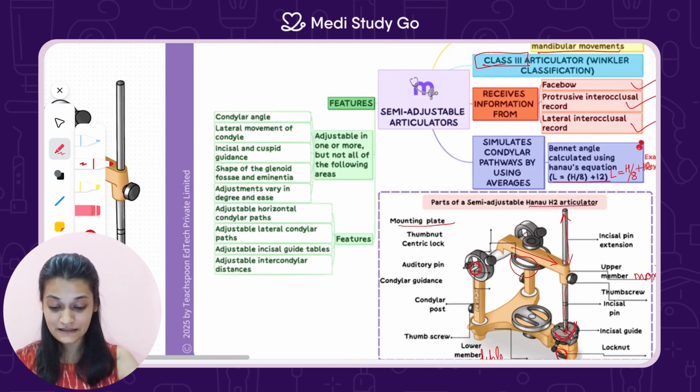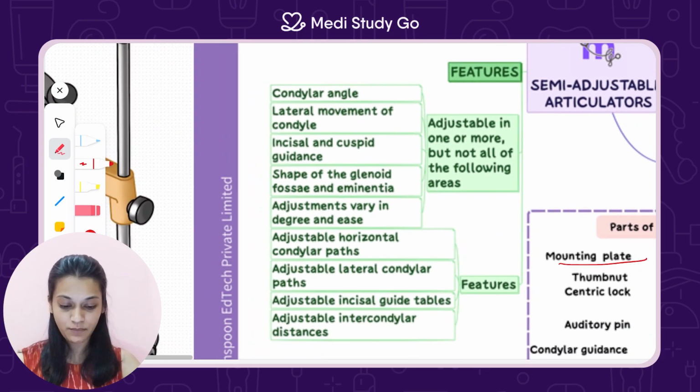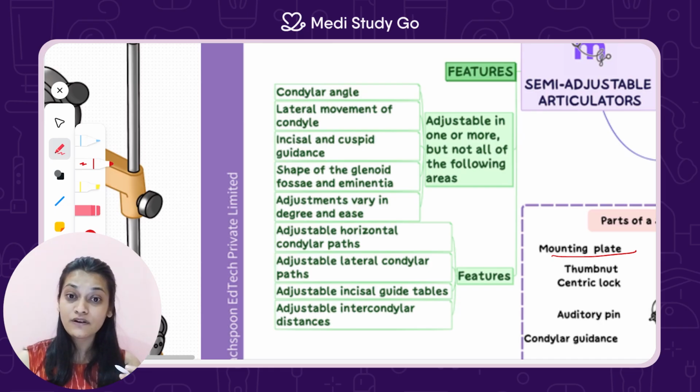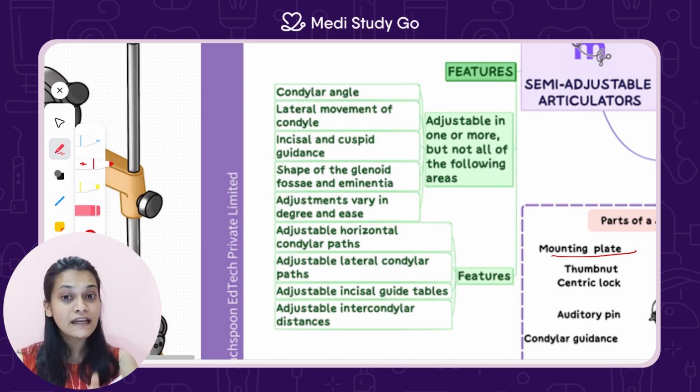So now once this is obtained, let's quickly discuss the features. One thing that is very important here is that adjustable features are present, but it is not that all of them will be present. It might be one or more, but not all. So what can you adjust in your semi-adjustable articulator?